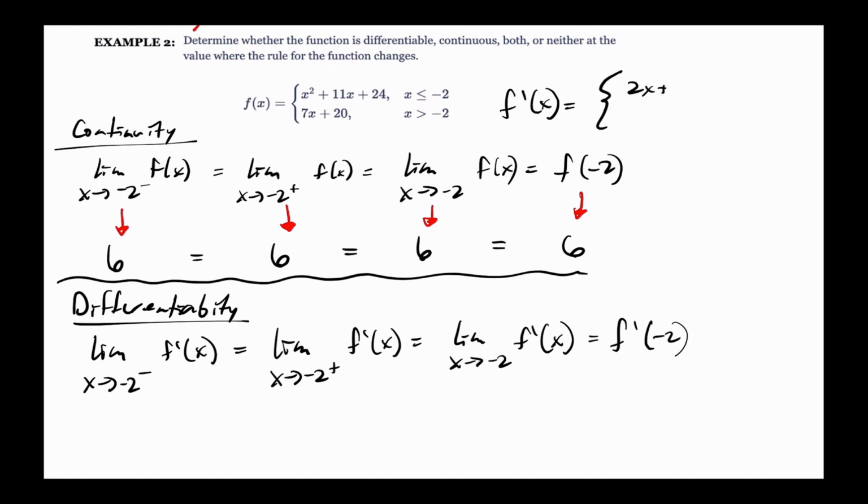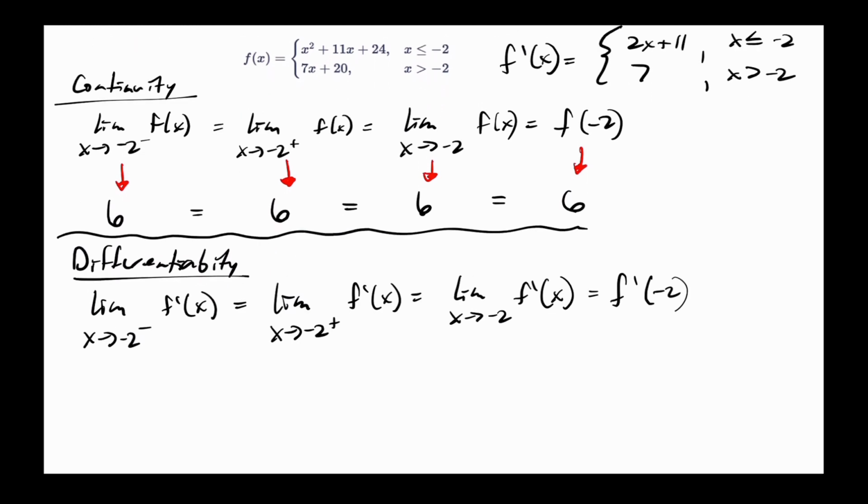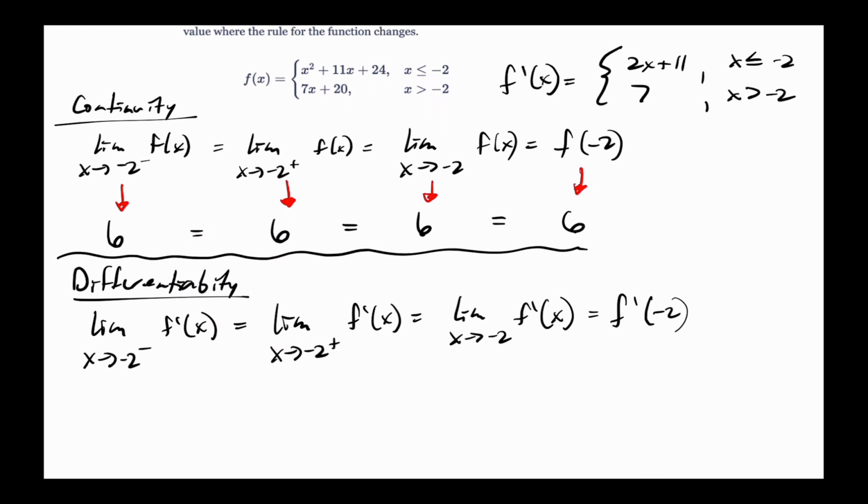So it's 2x plus 11, and 7. When I plug in negative 2 to the top derivative, 2x plus 11, I get 7. When I plug in negative 2 to the bottom, I still get 7 because it's just a constant. That means that's 7, and that's 7 as well.